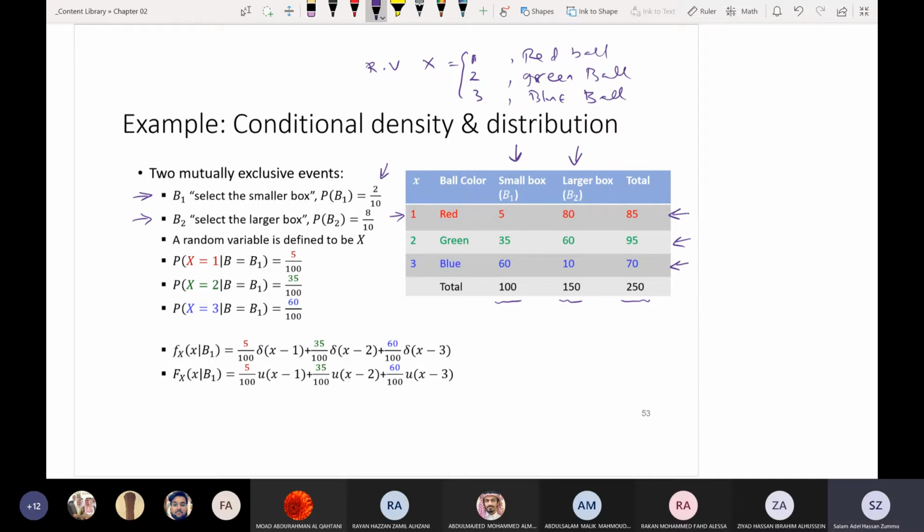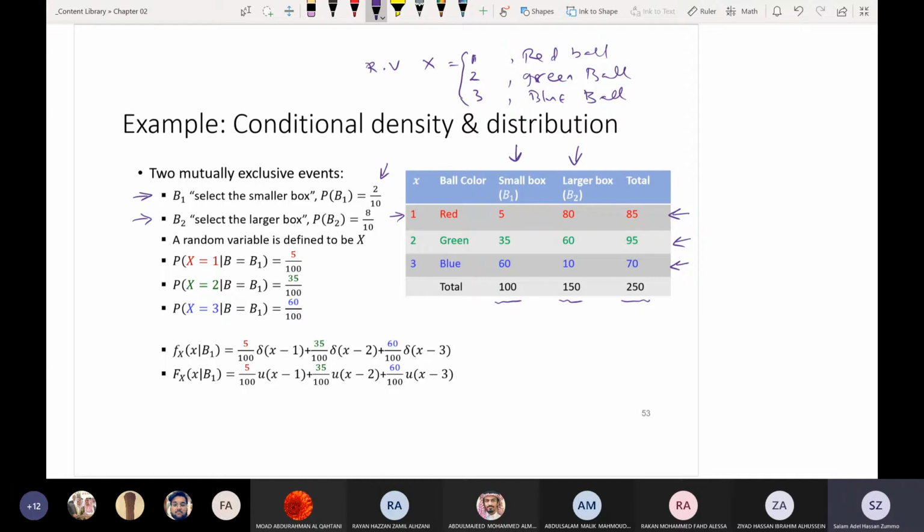Okay, so this is the way the random variable is defined. As we mentioned before, the point of having a random variable is to get away from the details of the experiment. So now we will not talk about the color of the ball anymore. We will talk about the value of X.